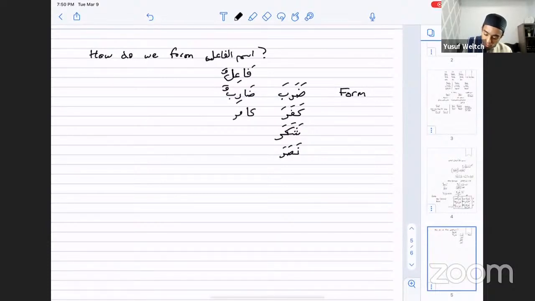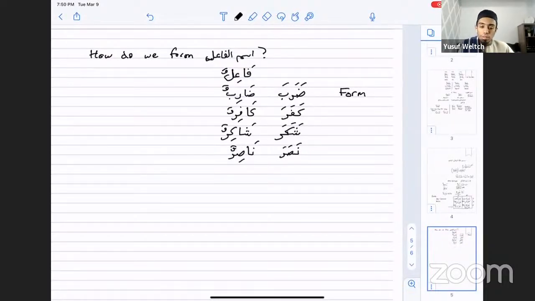So kafirun, fa'ilun, shakirun. What does shakirun mean? Grateful. One who's grateful. Good, a grateful person, the grateful one. Tamam. What does nasirun mean? The one who helps. Good.